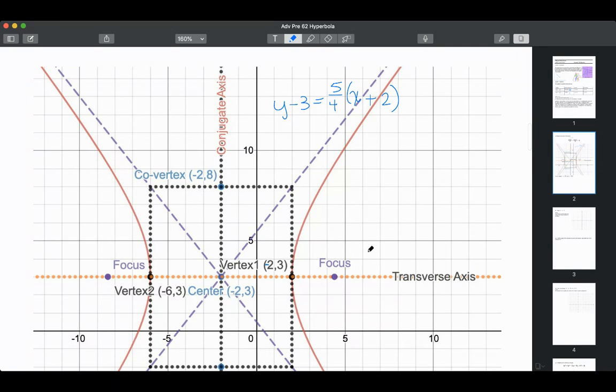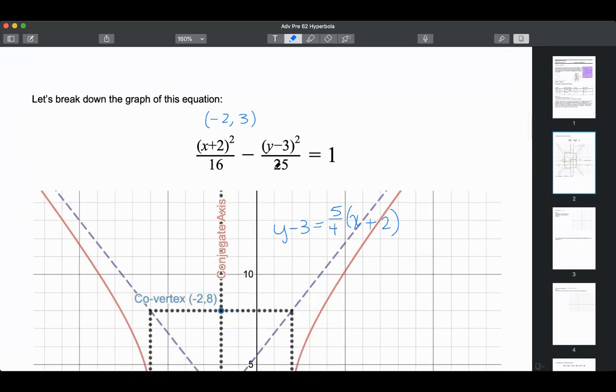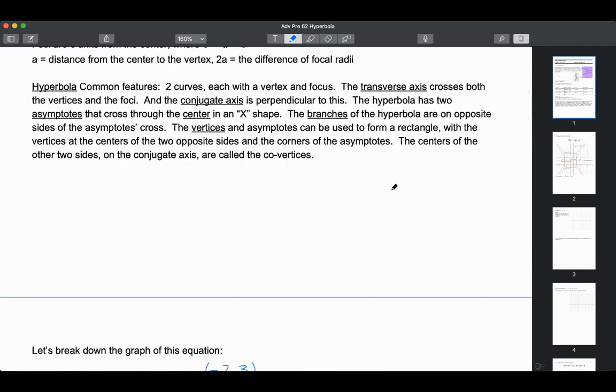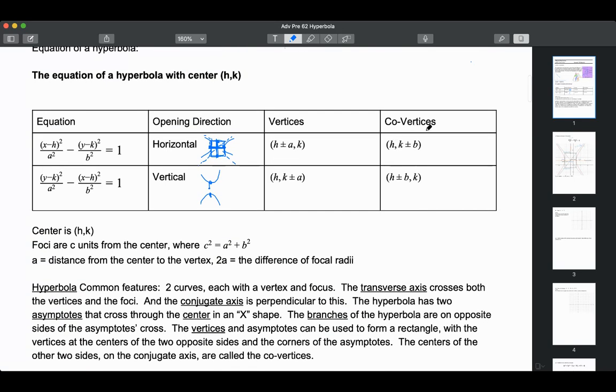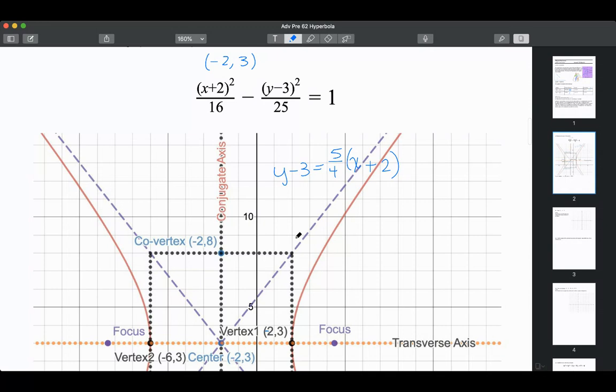What do you think it is for a vertically opening hyperbola? So I'm going to let you explore that. Come up with an equation, put it into Desmos, see what you can find. Let's come back up here though, and let's think about our asymptote. So for a horizontally opening one, our asymptote was y minus k equals, so the first asymptote, of course, has a positive slope.